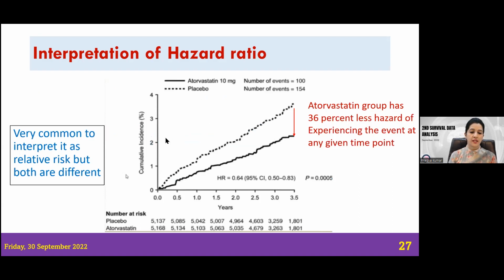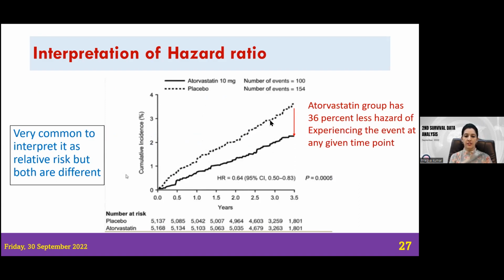So again, this is one example. You can see this is one curve, and you can see with the time, this hazard. So survival, you have seen that survival curve comes down, that Kaplan-Meier. So it is stepwise and it goes down, but this hazard rate goes up. So if I say that the hazard ratio is 0.64, and there are two groups.